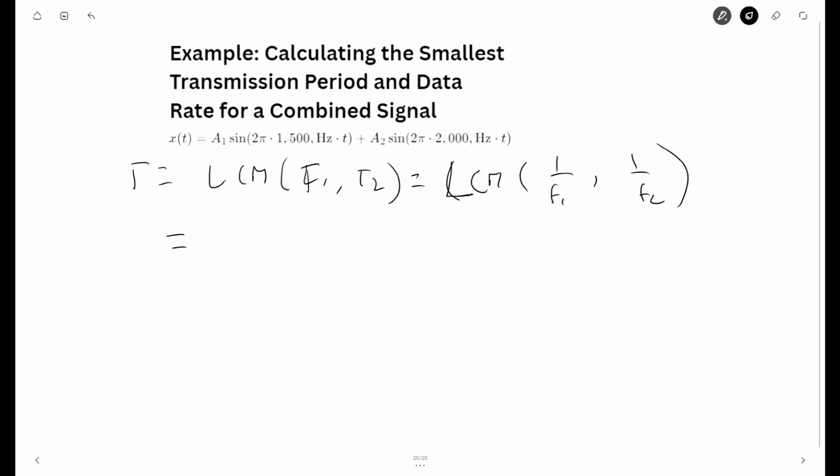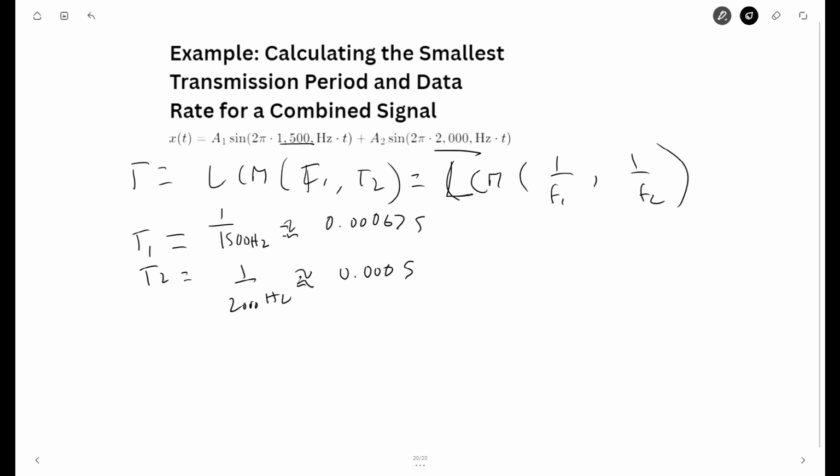So we can say T1 is equal to 1 over 1500 hertz, which is approximately 0.00067 seconds, and T2 is equal to 1 over 2000 hertz, which is approximately 0.0005 seconds.